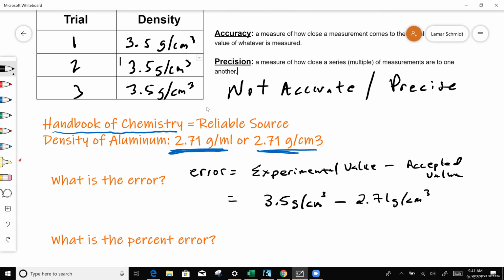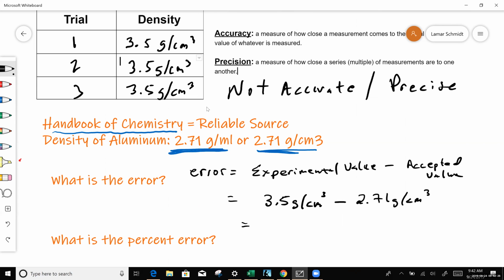I hope all of us have our calculators out, and we are calculating this. If you don't want to be doing this the first time tomorrow, that's not good. So try this now. Even for you at home, try this now. Even for you in class 6 hour, try this now. So let's say 3.5 minus 2.71.